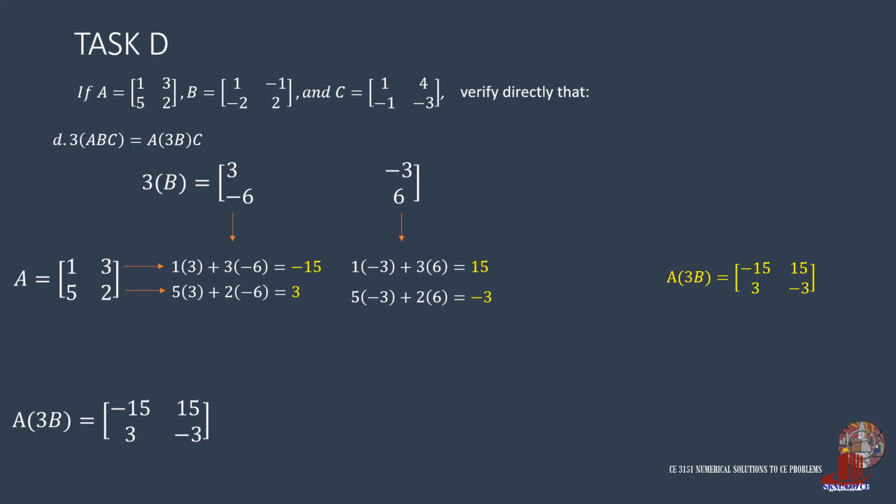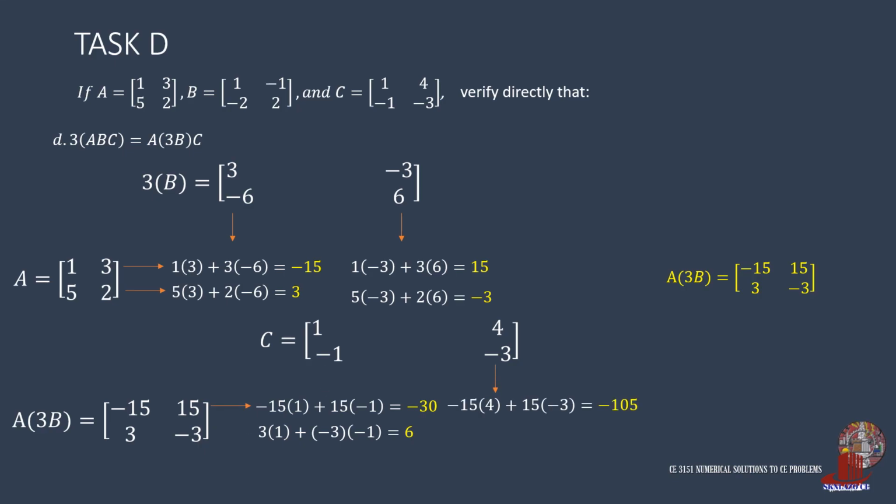Next is to multiply matrix A3B with matrix C. Start with row 1 times column 1. Negative 15 times 1 plus 15 times negative 1, which gives negative 30. Row 2 with column 1 contains 3 times 1 plus negative 3 times negative 1, or 6. Then row 1 with column 2 has negative 15 times 4 plus 15 times negative 3, giving negative 105.